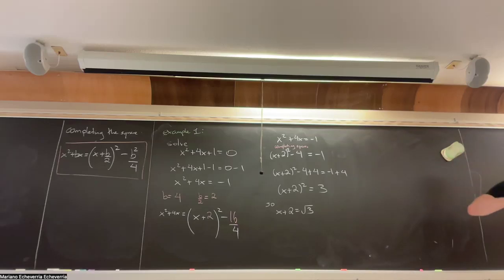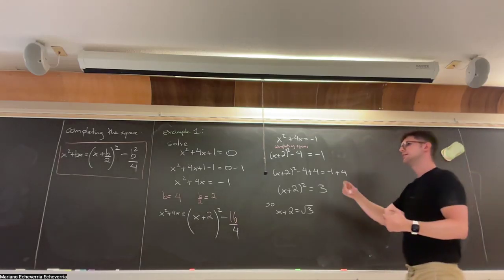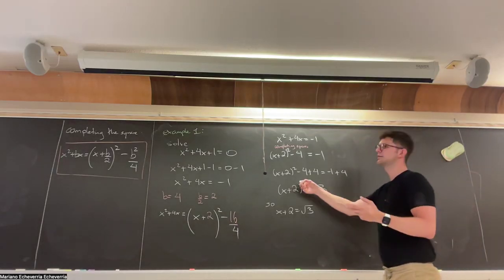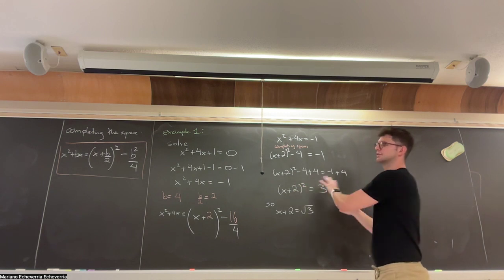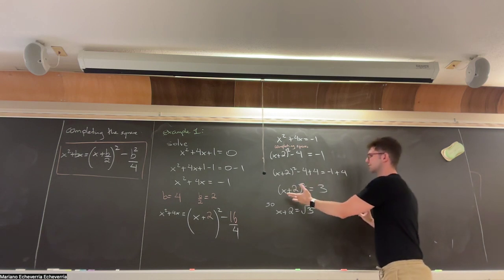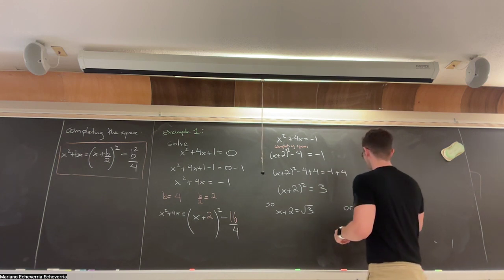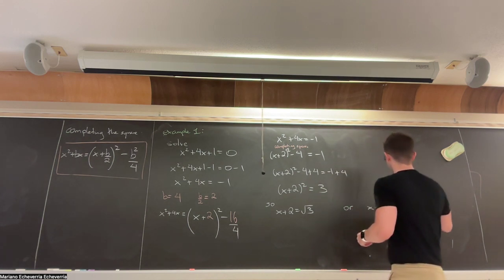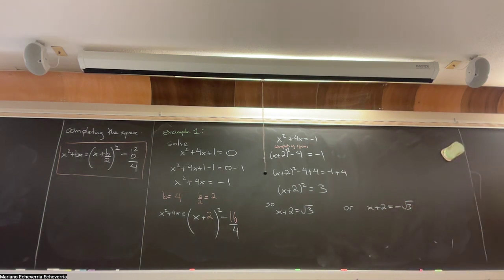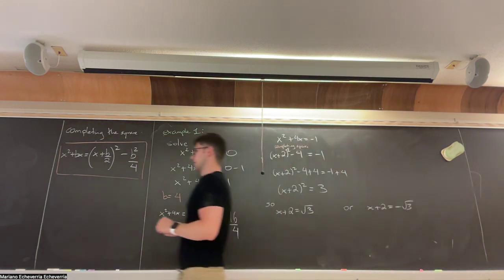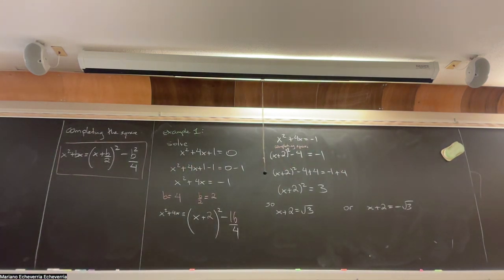What I was saying is that in general, if the square of a number equals something, then the solutions are the square root or minus the square root. So the other option is that x plus 2 could be minus the square root of 3. Those are the only two possibilities for the square to give you 3.